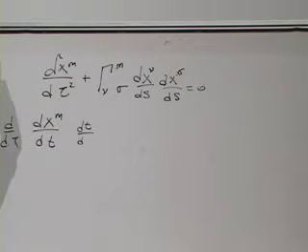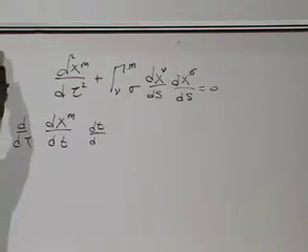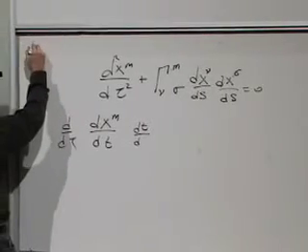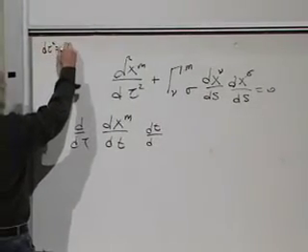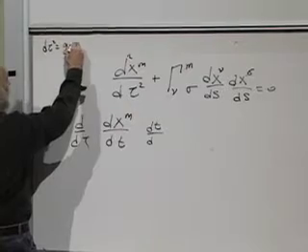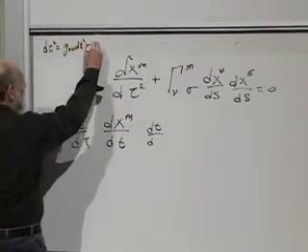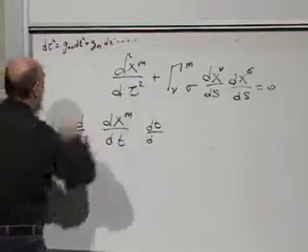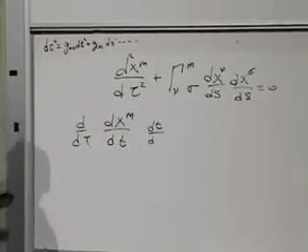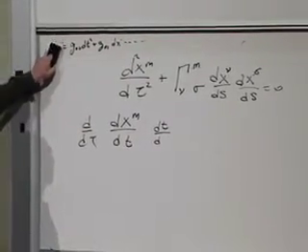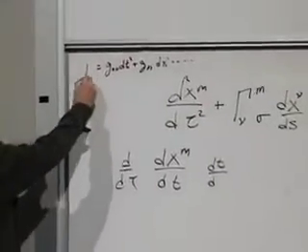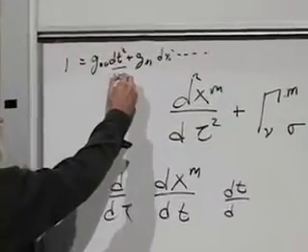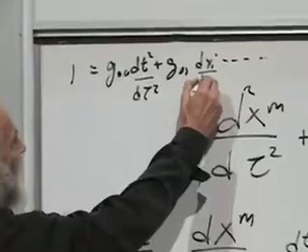All right, let's work it out. d tau squared is equal to g naught naught dt squared plus g naught 1 dx 1 squared, and so on. And then we simply divide this by d tau squared.